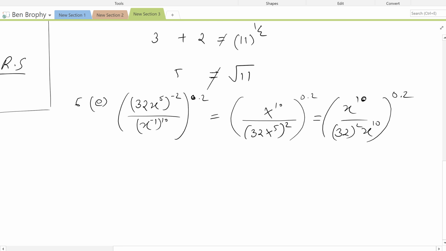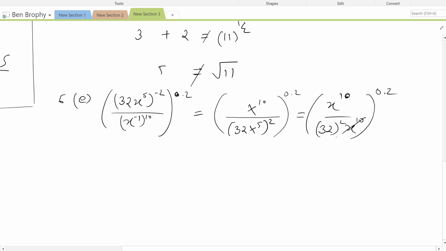Now could you subtract these? Yes, we can do that, or you can simply cancel them, because they're the same number. So it's just 32 to the power of 2, and this power multiplied by that power.